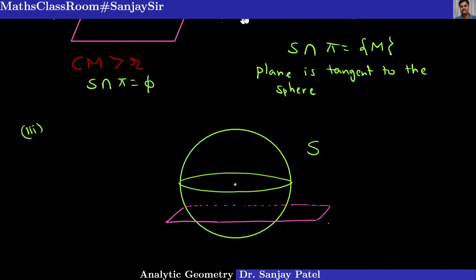So there are three situations, as you can immediately understand, which is described here. So this is the intersection. The plane is intersecting the sphere in infinitely many points in this case.